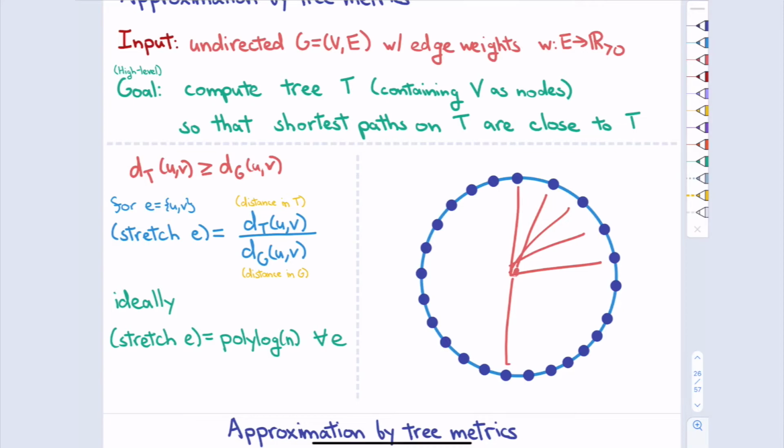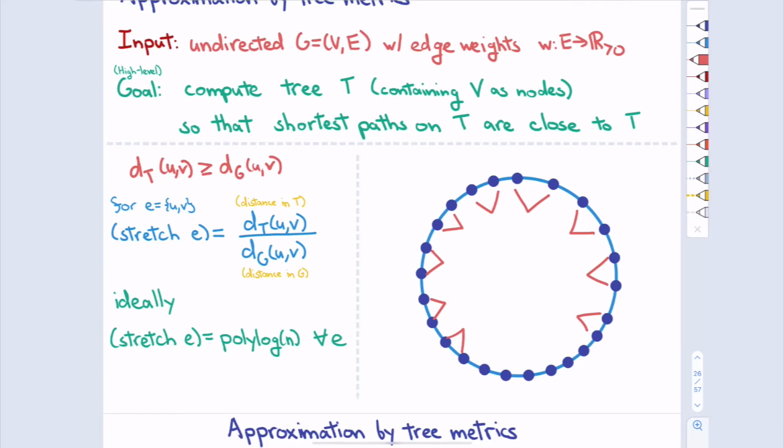Okay, and what would the tree look like? Okay, so I can draw that. So maybe try to set up something like this. I hope it's even.